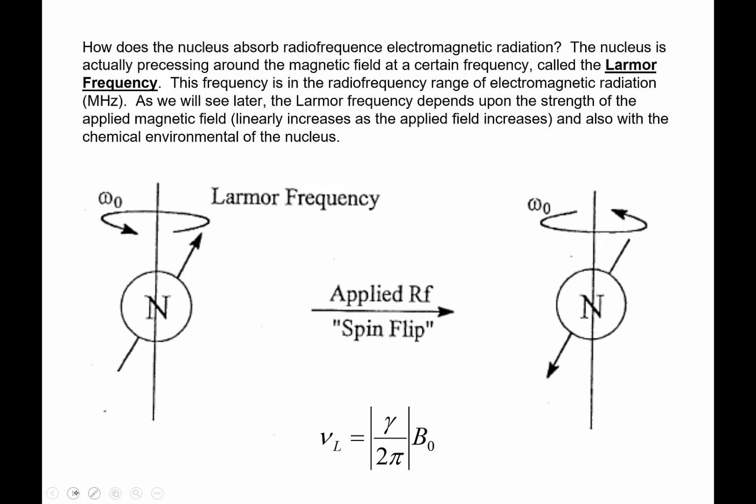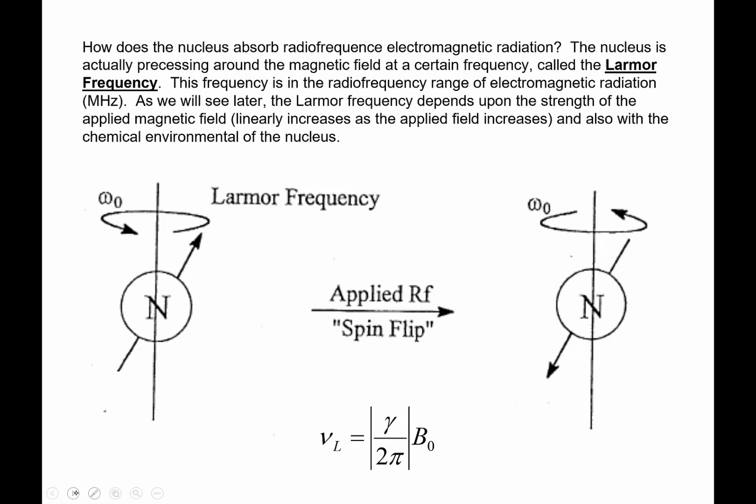So what happens is that when we apply the radio frequency that matches up with this, the nucleus flips. It's still doing this, but now it's going from with the field to against the field. So that's where the radio frequency part comes into play. I have to apply exactly the correct radio frequency to the exact, what's called NMR frequency of the nucleus, and then it will do what's called a spin flip.